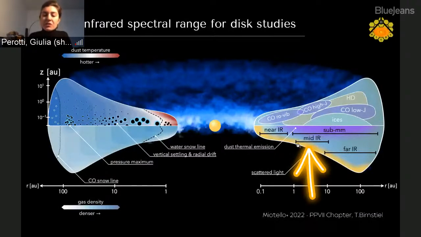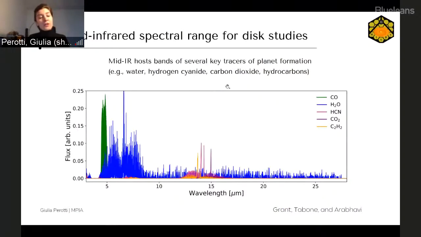Here in these regions, the temperatures are high enough for key molecular tracers of planet formation to strongly emit. You can see here in this slab model that there are plenty of water lines, a forest of water lines. Hydrogen cyanide is also present, which is a key molecule in the start of the chemistry leading to the RNA world.